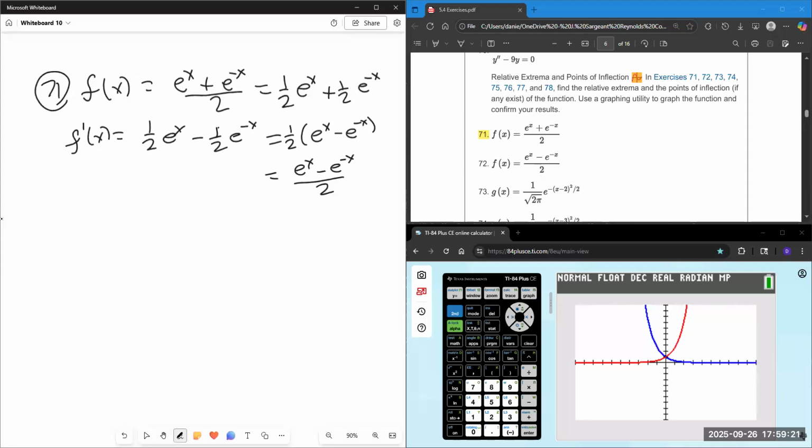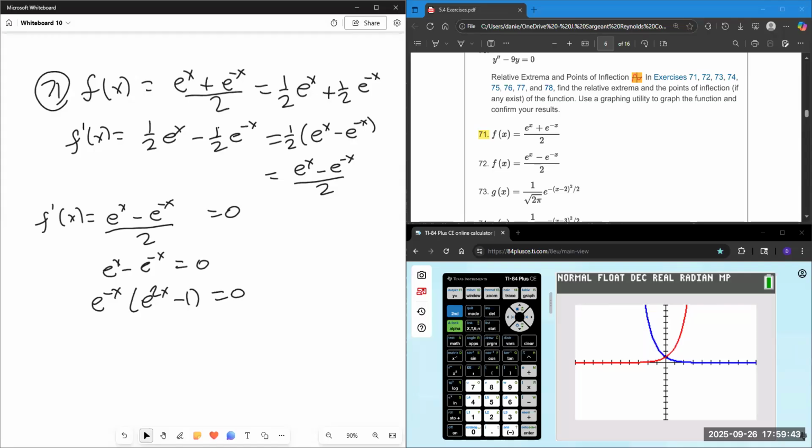We're going to set that derivative equal to 0. So that's e to the x minus e to the negative x is equal to 0. Factor out e to the negative x, and get e to the negative x times e to the 2x minus 1 equal to 0.